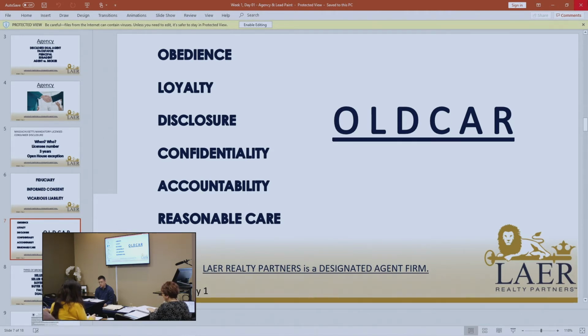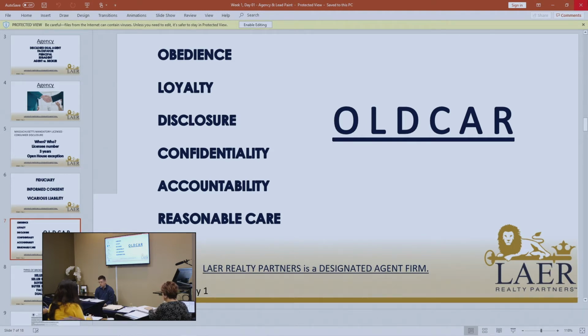These are all of the important things that we should remember: obedience, loyalty, disclosure, confidentiality, accountability, reasonable care. Obedience: an agent must carry out all lawful instructions of a client. So you're representing them, and you're doing what they tell you, within law, obviously.